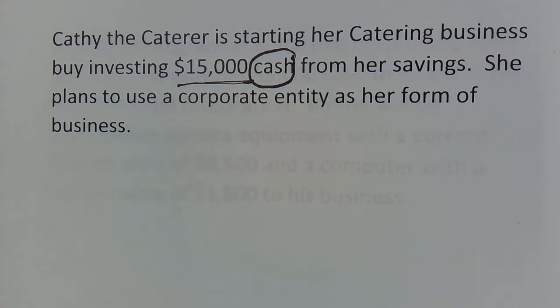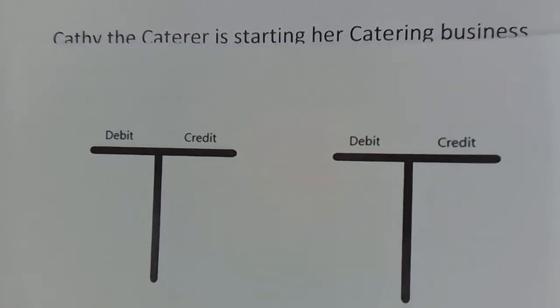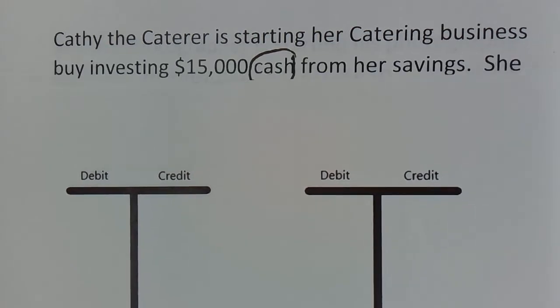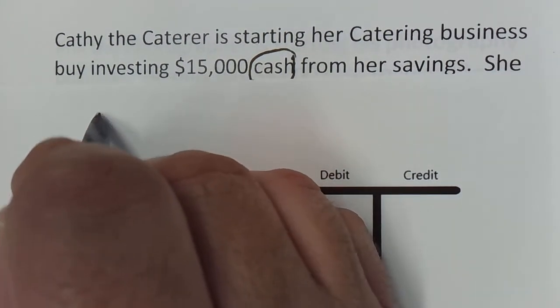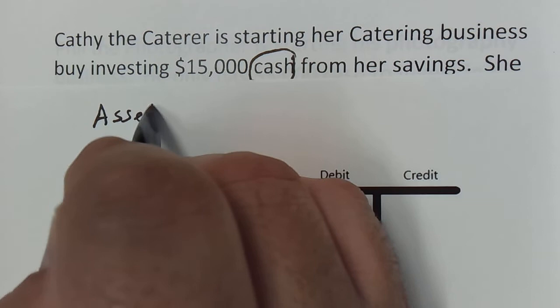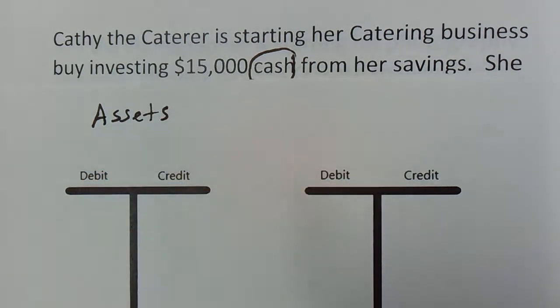So I'm going to show you using some T accounts, one of my favorite ways to demonstrate and keep track of what's going where. And it'll make it much easier to do the journal entries. So we have assets such as cash.